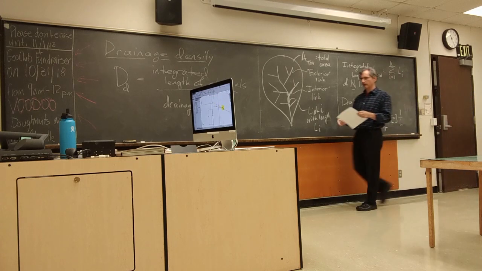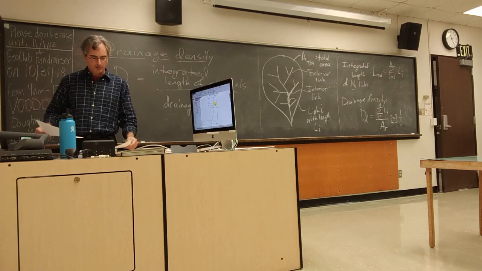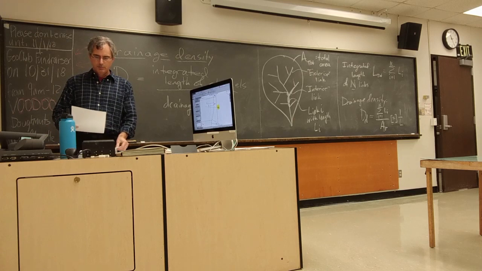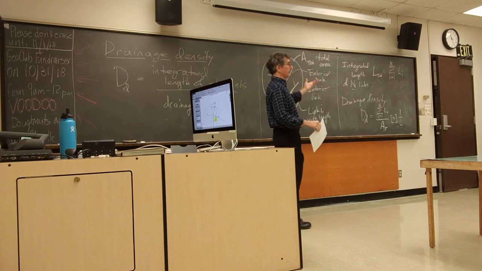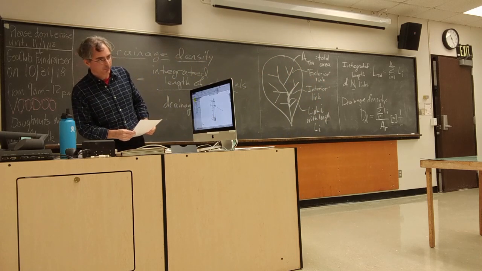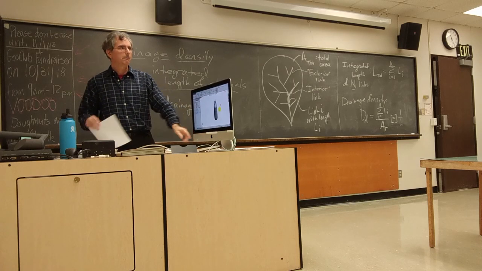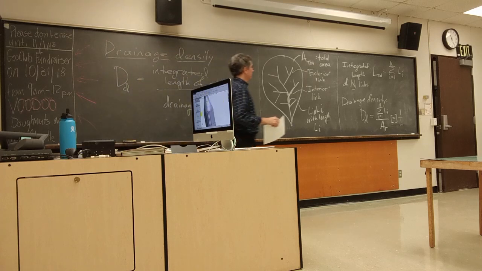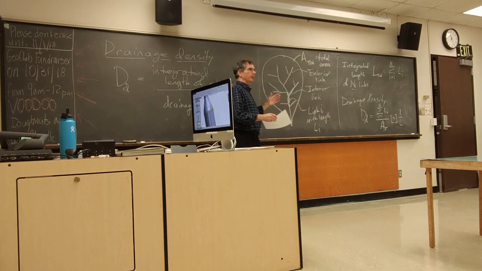And that length, we might suppose, since this is a drainage density, is describing this texture of the landscape. Oh boy, the animation has gone away. The drainage density is going to be similar to the inverse of the distance between channels.